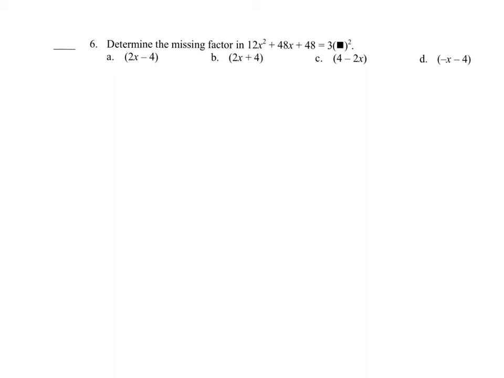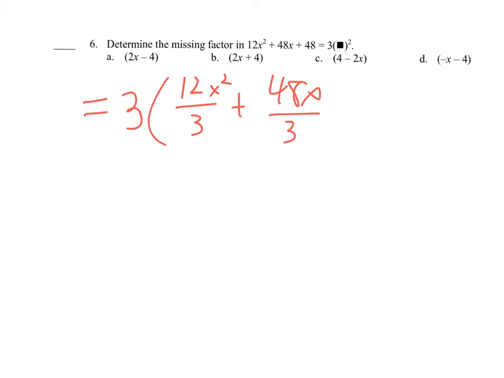Let's first common factor the original expression. So we have equals 3 brackets, and we're going to take the 12x squared and divide it by 3, plus 48x divided by 3, plus 48 divided by 3. And that allows us to common factor the 3 out of this trinomial, ax squared plus bx plus c.